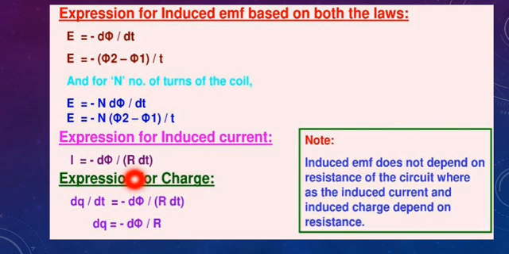The current is nothing but dq by dt, the rate of flow of charge. Therefore, dq by dt is equal to I. Substituting the I formula, d phi divided by R into dt, dt cancels. Therefore, I get dq equals minus d phi by R.